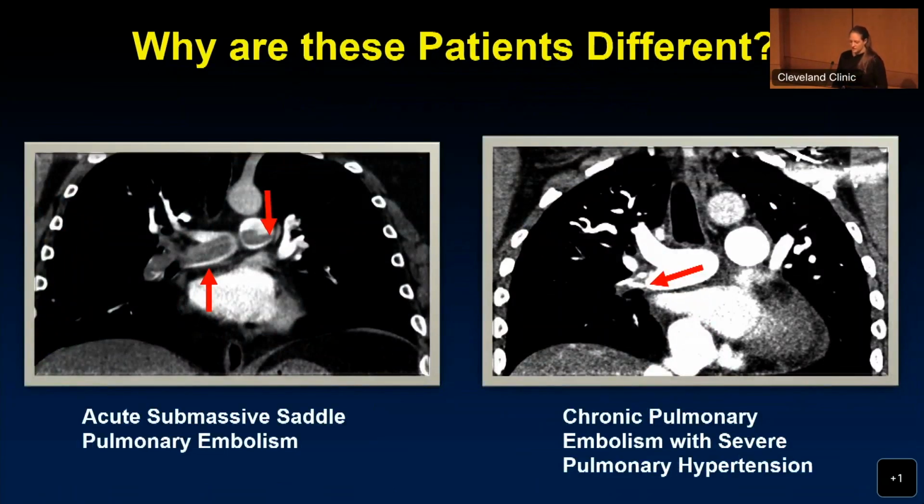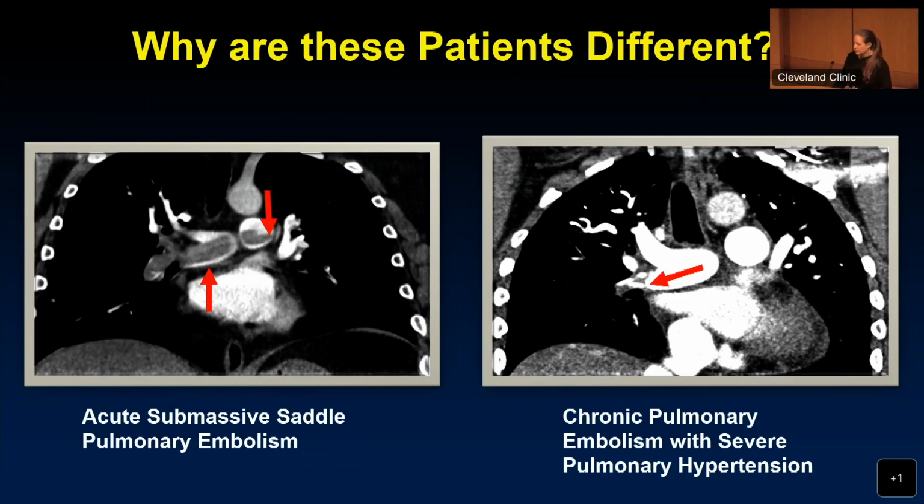On the left here, we have a patient of mine who had an acute submassive saddle pulmonary embolism. He got 6 months of anticoagulation, everything dissolved. He's feeling fine, doesn't want to come back to pulmonary clinic, doesn't need to, and is doing quite well after a quite severe event 6 months prior.